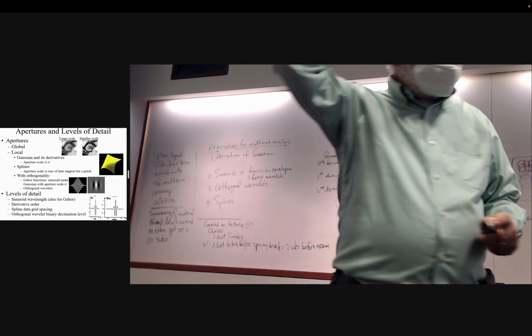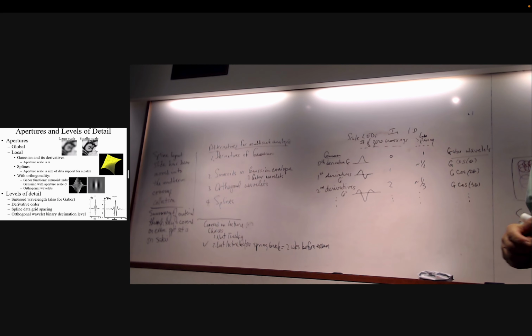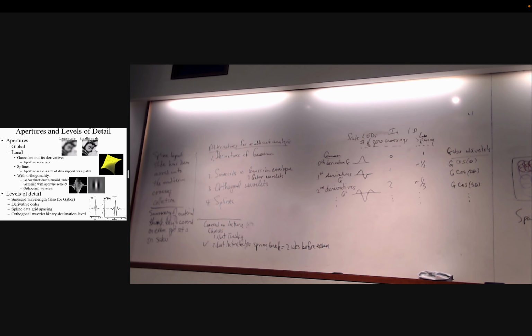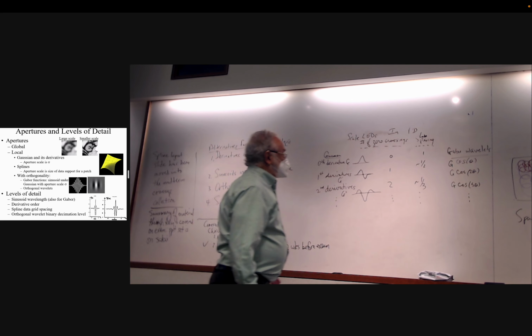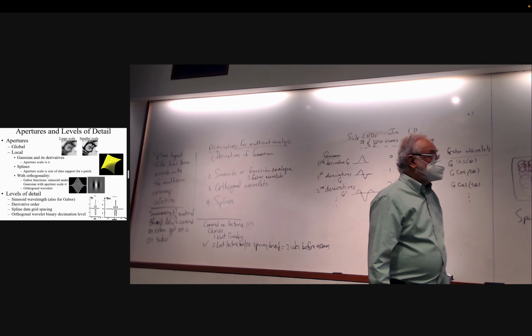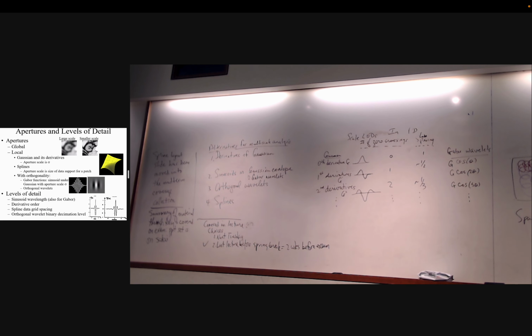Okay, we also have this issue of levels of detail. So, within an aperture, if you use a sinusoid under a Gaussian envelope, like you see here plotted, or like you see here as an image, you can talk about the wavelength between, say, the tops of the lobes of these, and you have various possibilities for that.